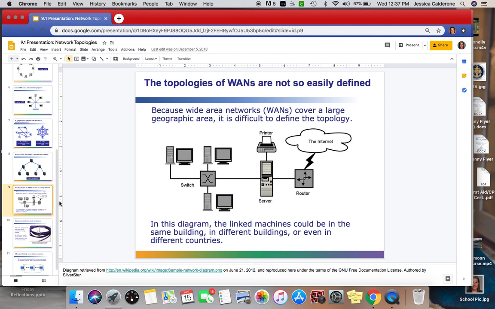So like I said, WANs cover a large geographic area. LANs are on the smaller side. Okay, so you see here in this diagram, the linked machines could be in the same building or different buildings or even different countries. Okay, I know it's probably a little bit confusing, but think of it like I said with Bank of America. I'll repeat that example. Bank of America is a national company.